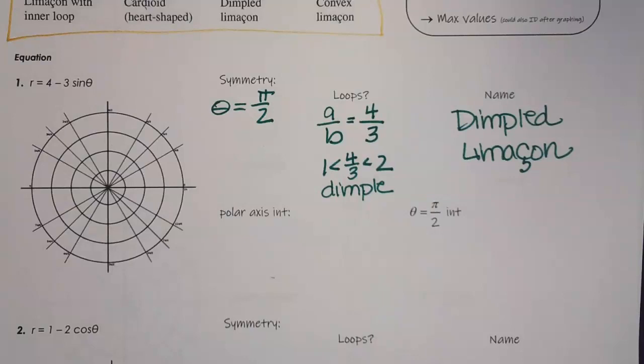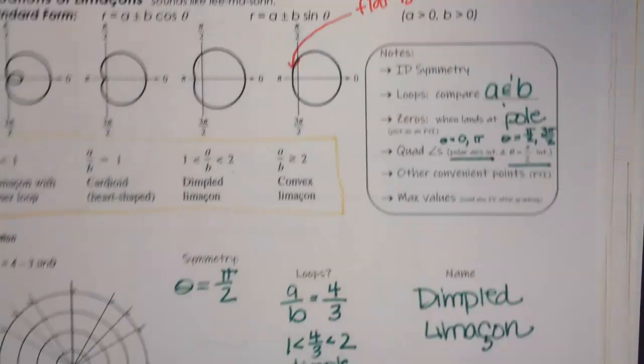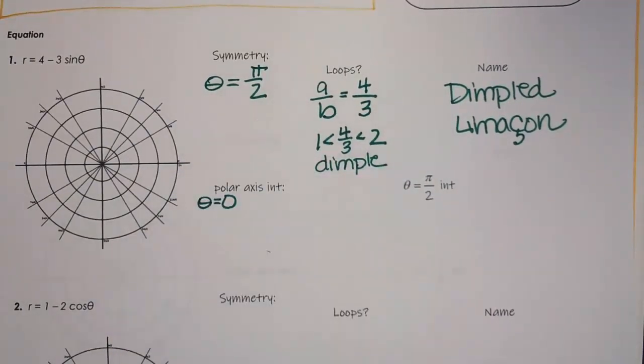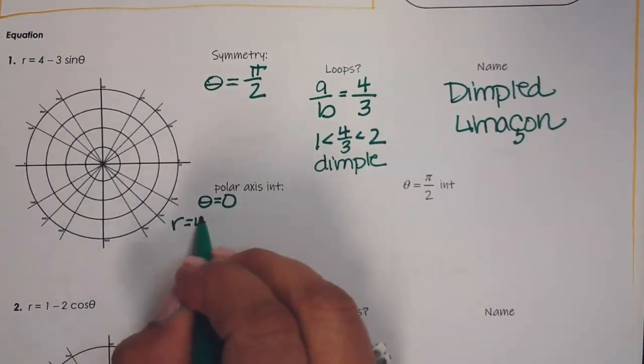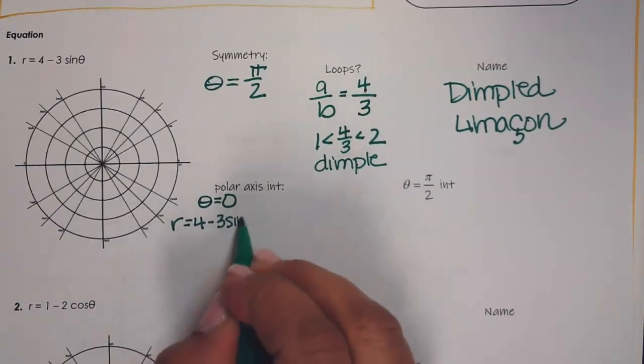All right. So now that we know what it should look like, let's find these different intercepts. So the polar axis intercepts, we said that we're going to find when theta is 0 and pi. So let's see what happens when theta is equal to 0. That means my r would be 4 minus 3 times the sine of 0.